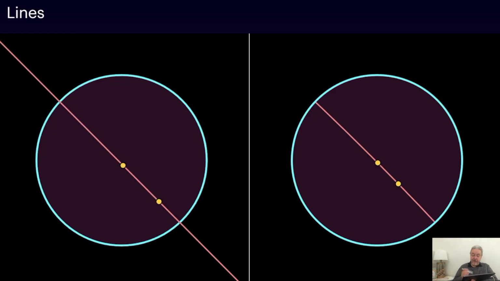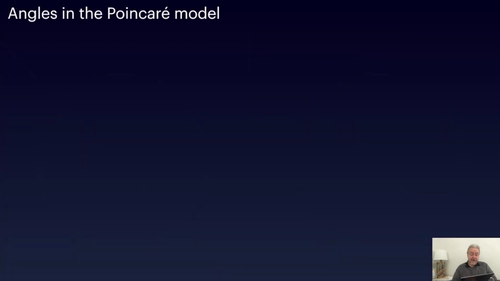So if you have lines that pass through the center of the circle, then both models represent them by the same line segment. And this in turn gives us a nice way to understand why angles in the Poincare model are so nice, that they are really like the Euclidean angles between the circular arcs.